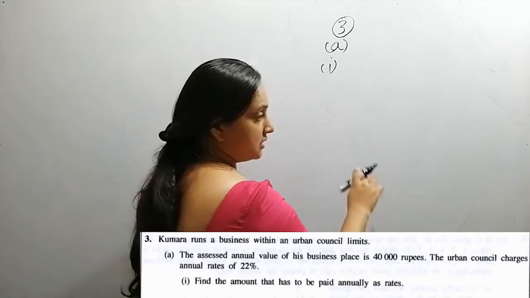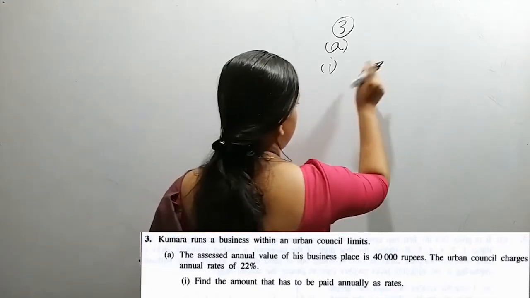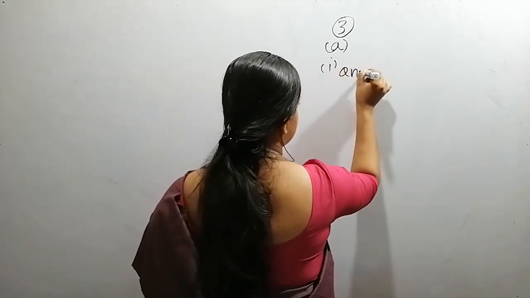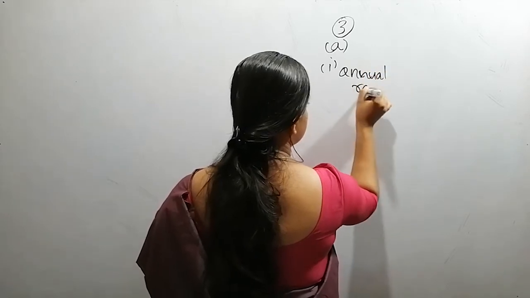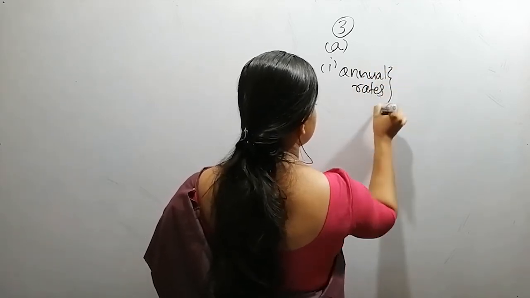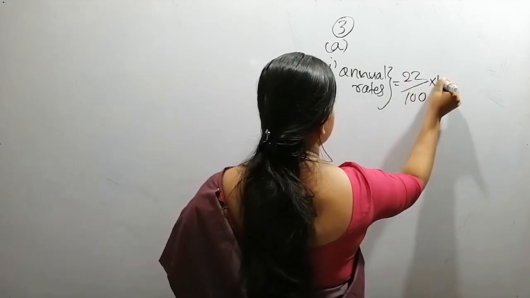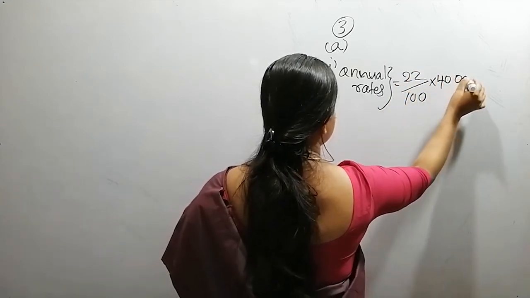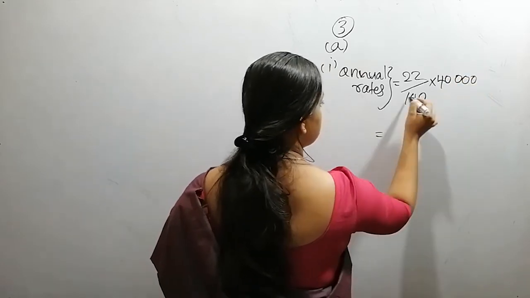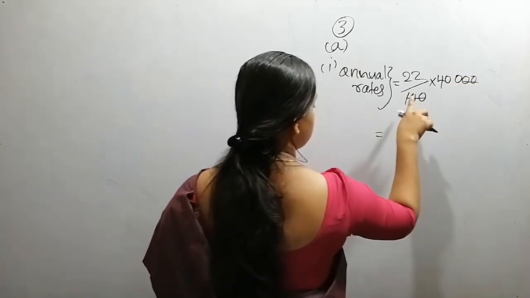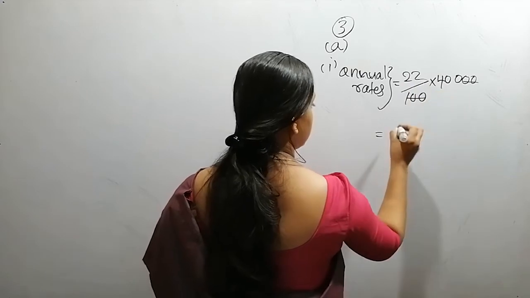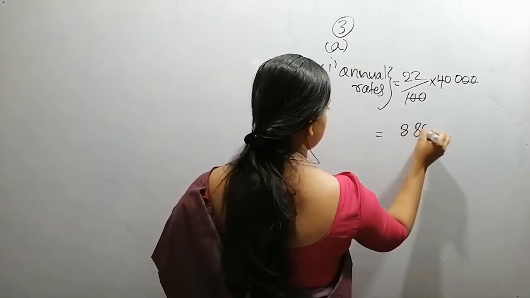Then the annual rates are equal to 22% of 40,000 rupees. Then 2 zeros will be cancelled out. 22 into 4, 88 and 2 zeros.